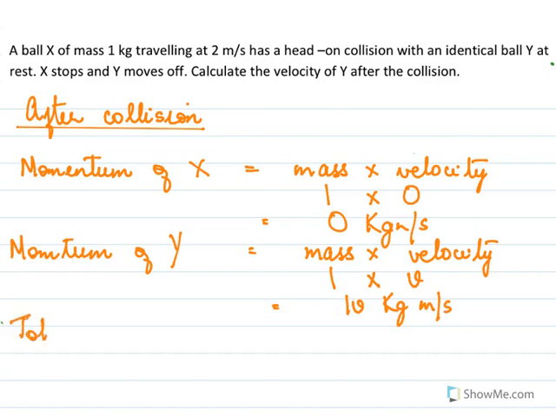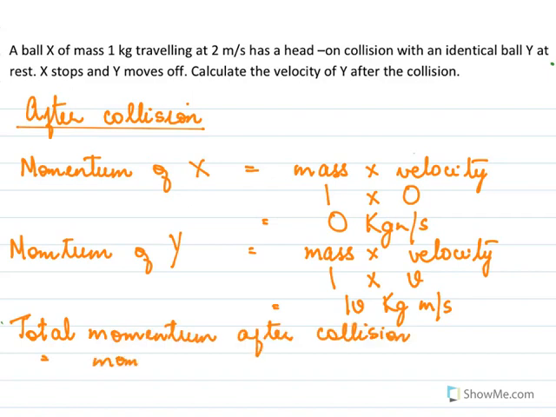So total momentum will be momentum of X plus momentum of Y, that is 0 plus 1, and this is 1 V.